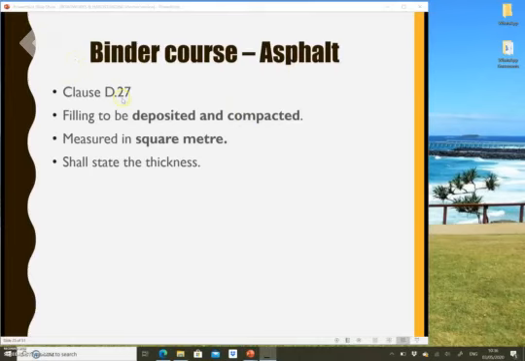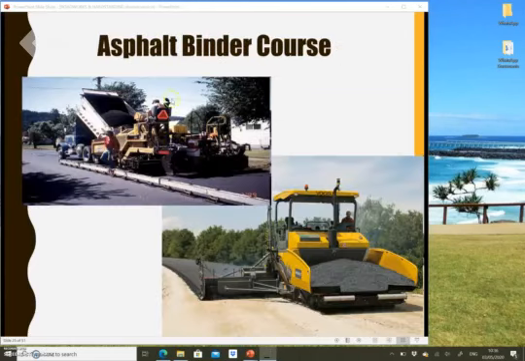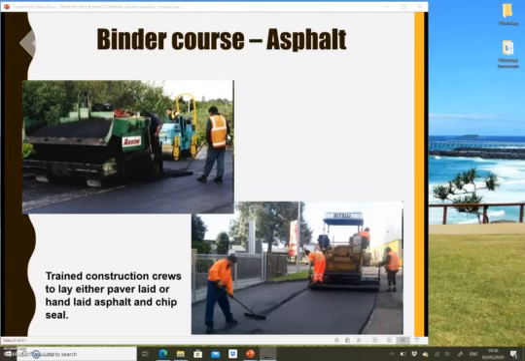Binder coat has asphalt. D27, filling to be deposited, measured in square meter, and you shall state the thickness. This is an example of the asphalt binder coat, the thing that will stick to your car tires if you go through this area while they are doing the construction on site.